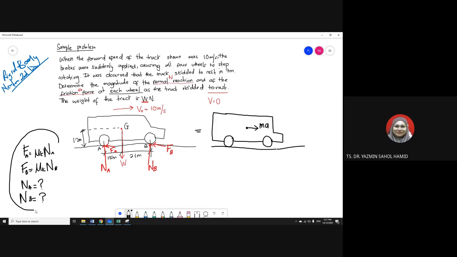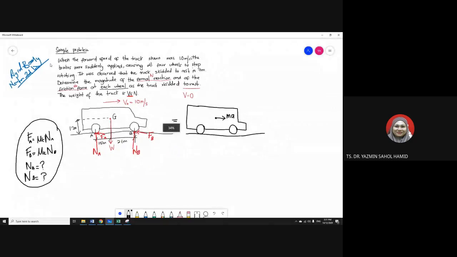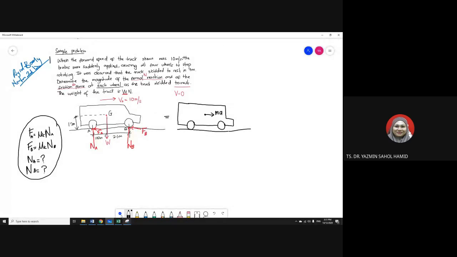So how are we going to do this? Does anyone have a suggestion how to start? Because sometimes in the test, assignment or exam, what I am worried about is how you start. How are you going to start to do this? I need your ideas.